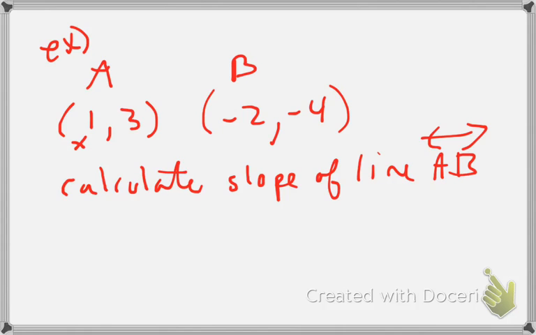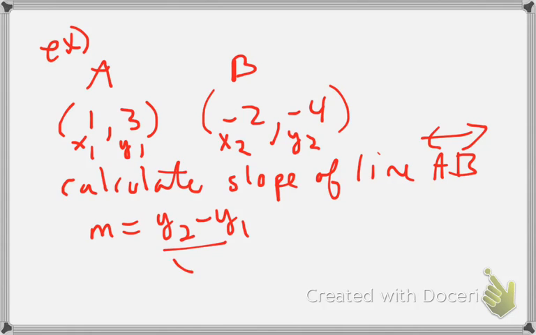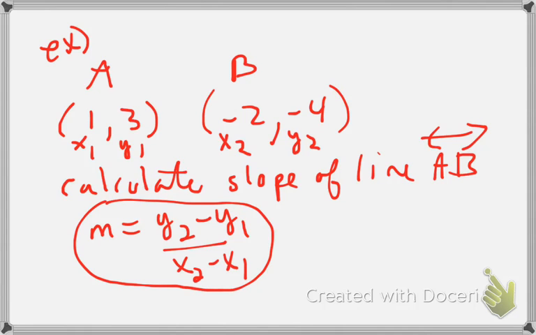So remember, you should label this x1, y1 and x2, y2, so that you can, in essence, plug and chug into y2 minus y1 over x2 minus x1. So you definitely want to commit your slope formula to memory. Okay, so then that's negative 4 minus 3 over negative 2 minus 1. Be careful of signs.